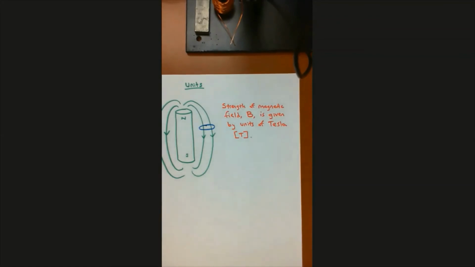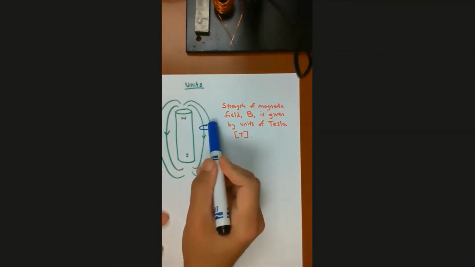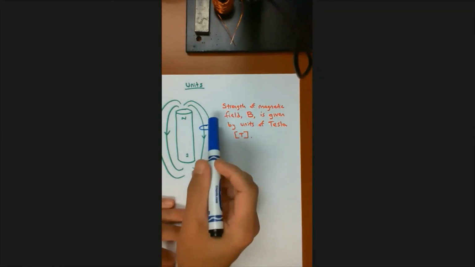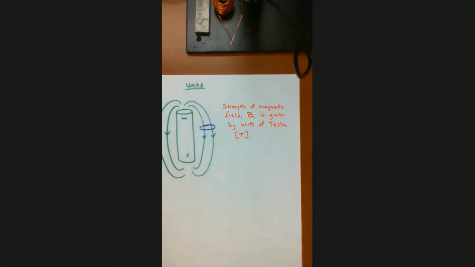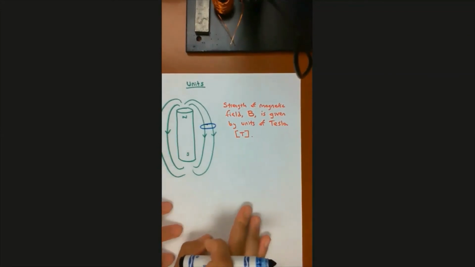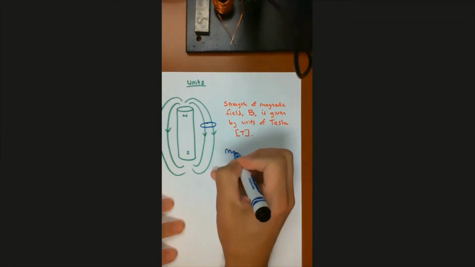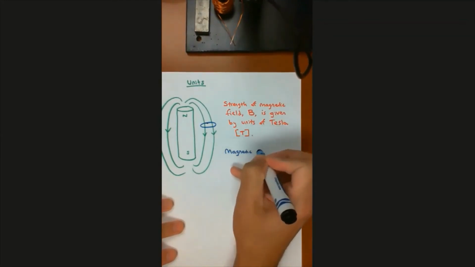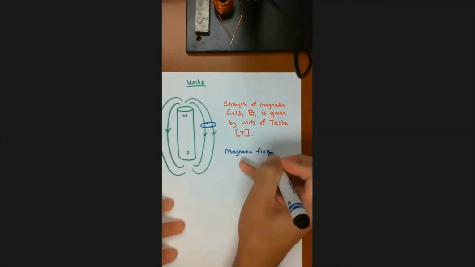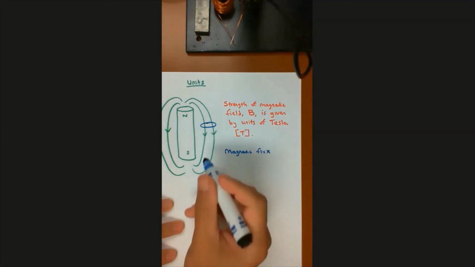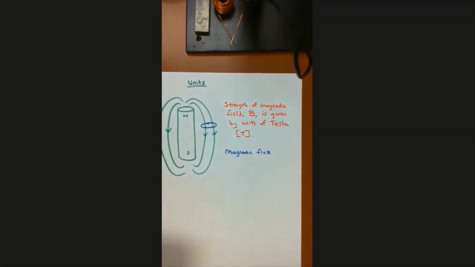But let's say we've got a coil of wire, or for some reason we're interested in the magnetic field strength going through this area right there. So that's a different concept, and that is called magnetic flux. You can think about magnetic flux as the amount of the magnetic field going through that certain area.